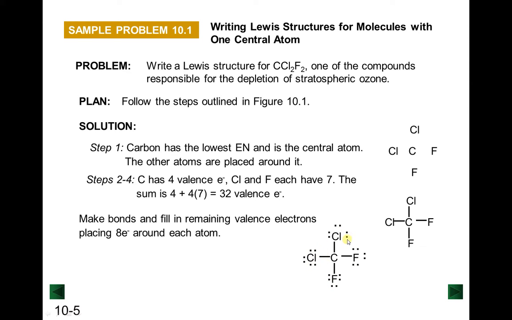By doing this type of lone pair distribution, you would notice that the peripheral atoms each follow the octet rule, meaning each of them has 8 electrons. Like for fluorine, you have 1, 2, 3, 4, 5, 6, 7, 8.